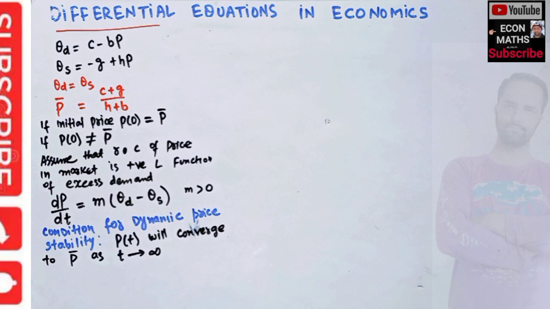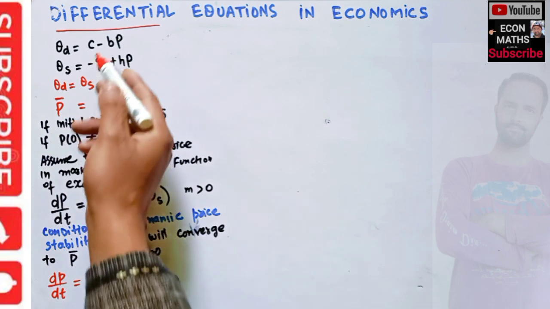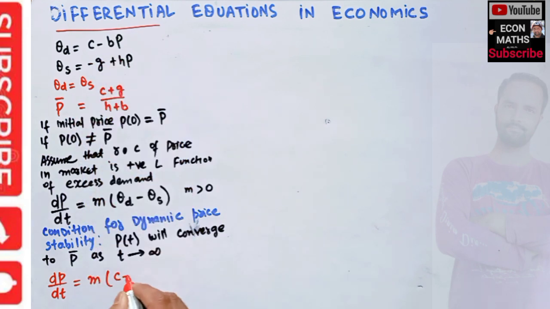So let's write this equation again. We have dp upon dt equal to m. In place of QD we have this very function C minus BP. Then we have minus quantity supplied, minus into minus is plus, so we will get here plus G. Then we have minus minus HP.